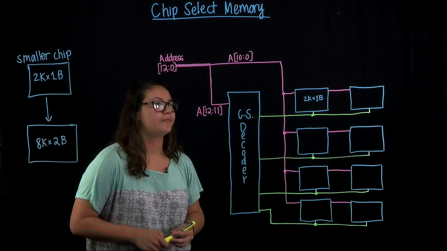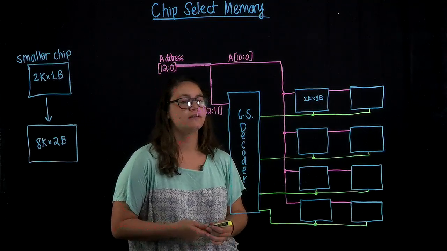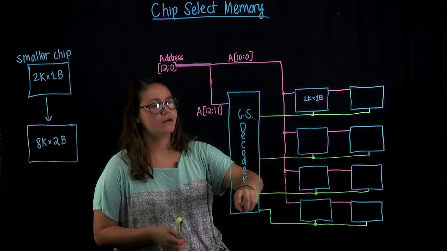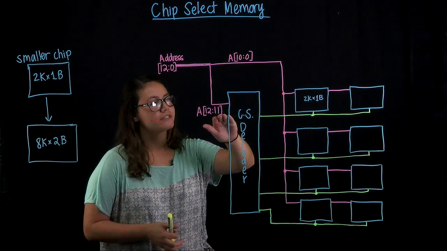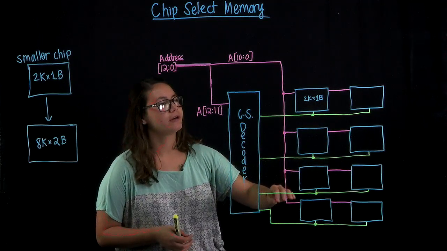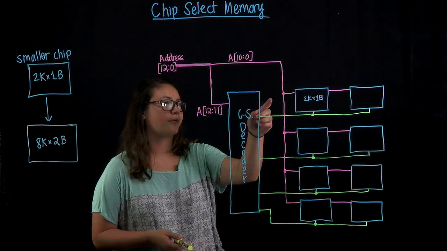So how this is going to work is that the top parts of the address go into this decoder, and then it will essentially turn on and off certain rows in the memory, and then after that you would do reading or writing.